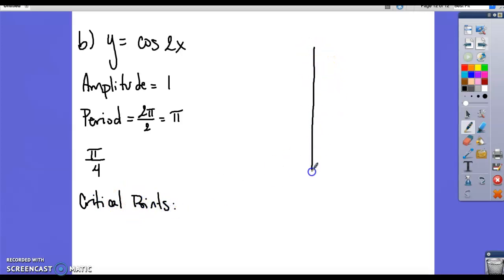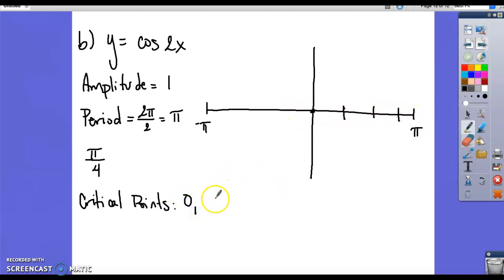If I were to lay this graph out, I'm still going to call 0 my starting point, but one period of this graph is pi. I'm just looking at this first period from 0 to pi.